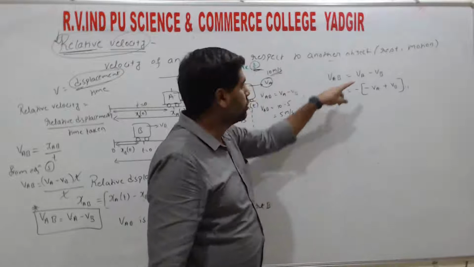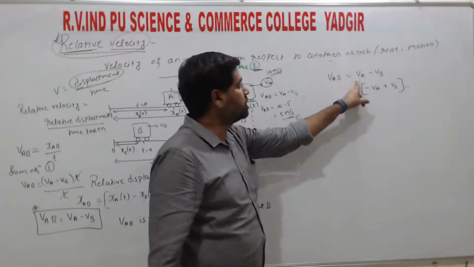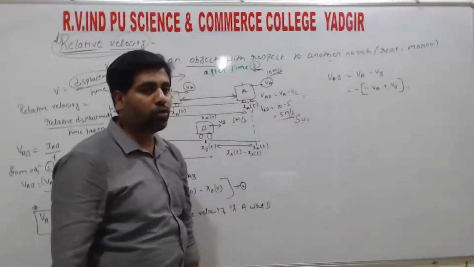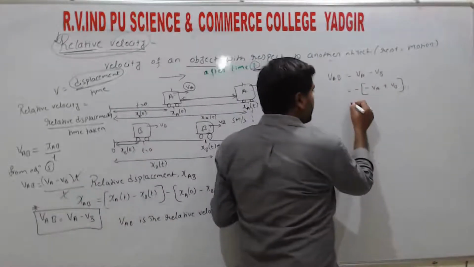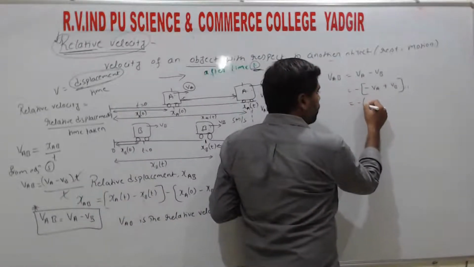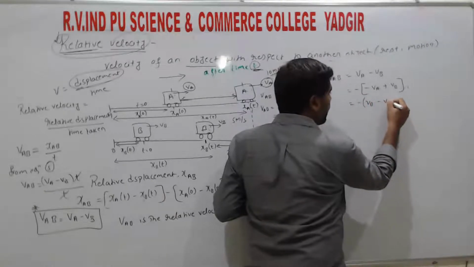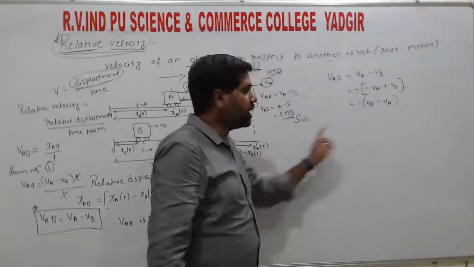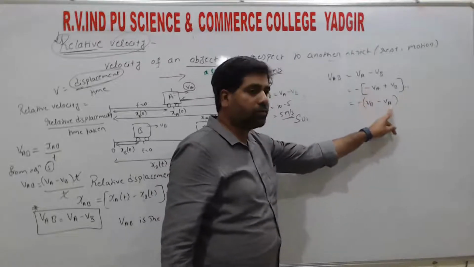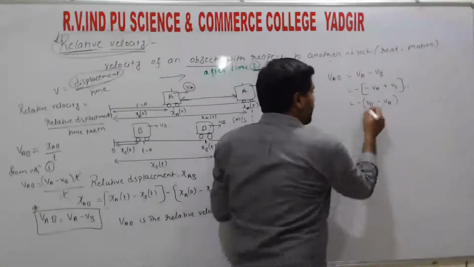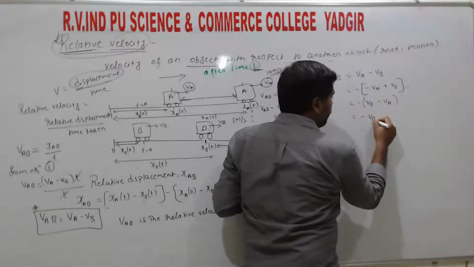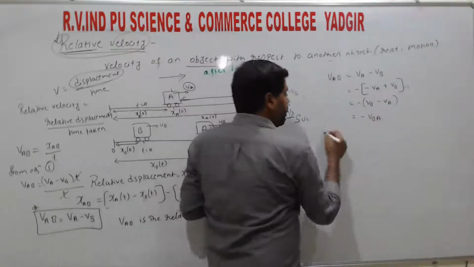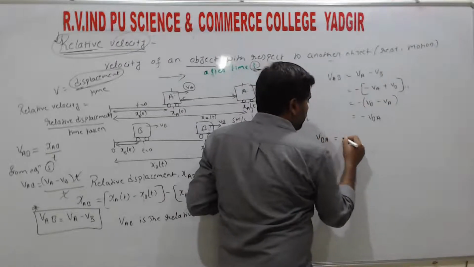So we take a minus outside, and it equals minus of VB minus VA. So we can write this as plus VB minus VA. That means VBA is what?